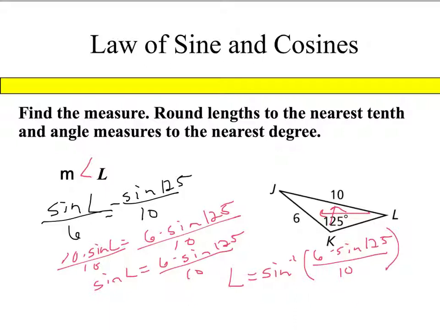Watch your calculators, watch your parentheses, and solve, and you get angle L is equal to about 29 degrees. About 29 degrees. Good, great, grand.